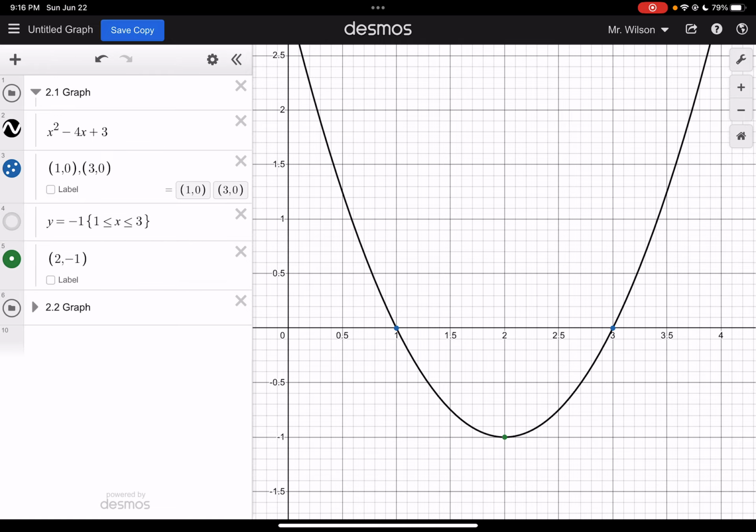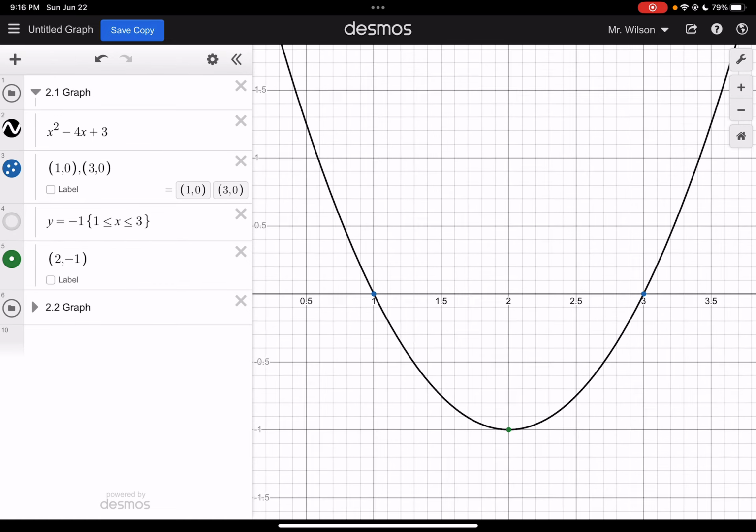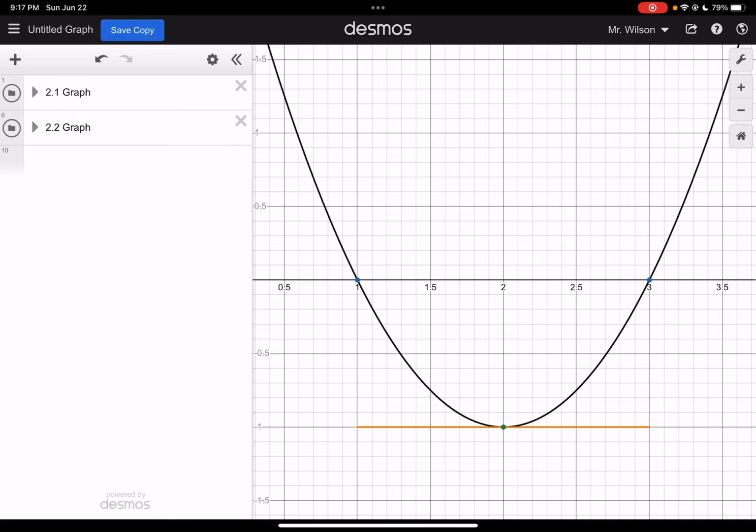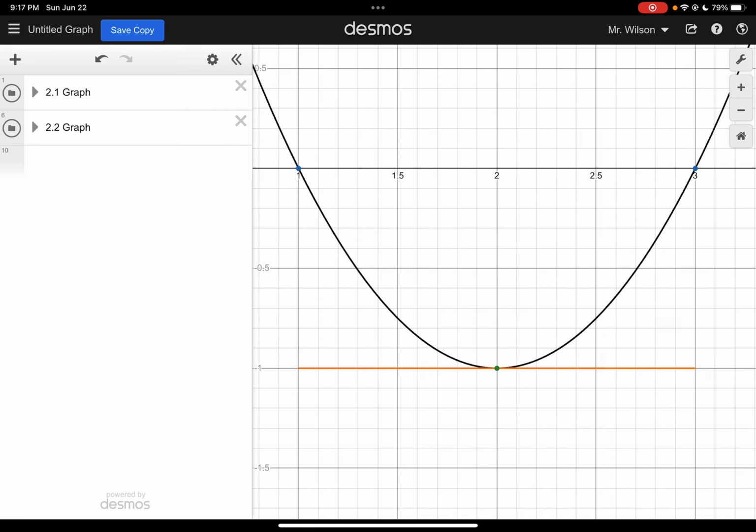And now I have the point down here where the derivative equals 0. Remember, the derivative is the slope of the tangent. It is the instantaneous rate of change. Okay, so if we draw a tangent line at that point, this is what that looks like.